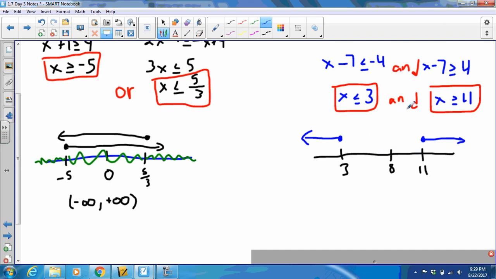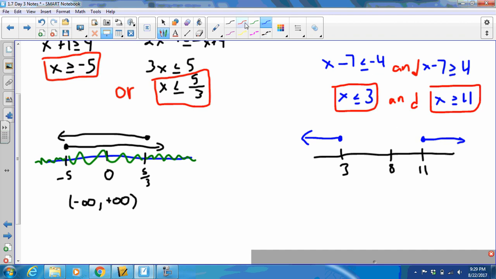And usually with our AND problems, we shade between two values. Because we're not able to shade between these two values like we did the other day, really, we have no solutions. Because we don't have anything that satisfies where the number is less than 3, but bigger than 11.